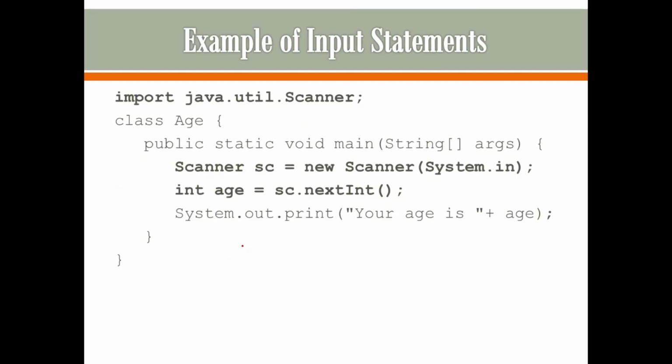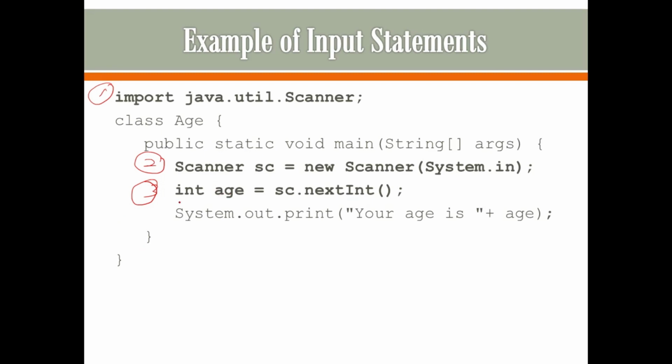Look at the example. Here is the statement for the import statement. Second, you need to create the object for the scanner in the main method. And the third one is the statement for the input statement.